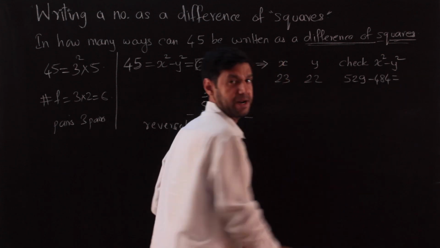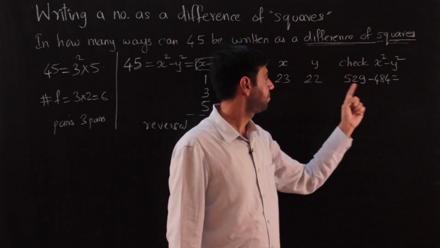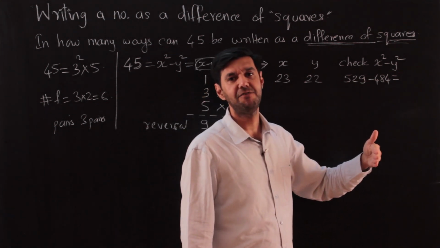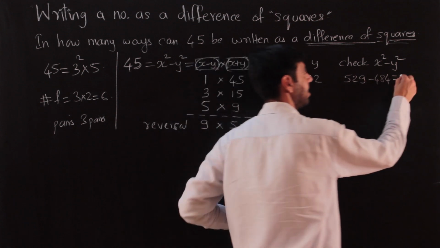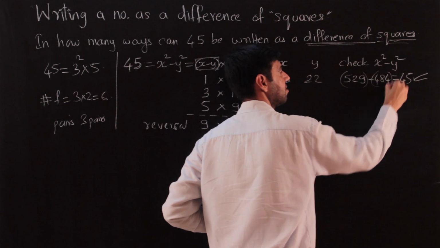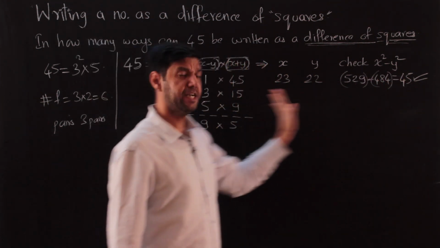If I do the subtraction, 484 to 500 is 16, and 29 more, 16 and 20 will make it 36, 36 and 9 is 45. And this is what I want, a difference of two squares. So what are the two squares that I'm using? 529 and 484.